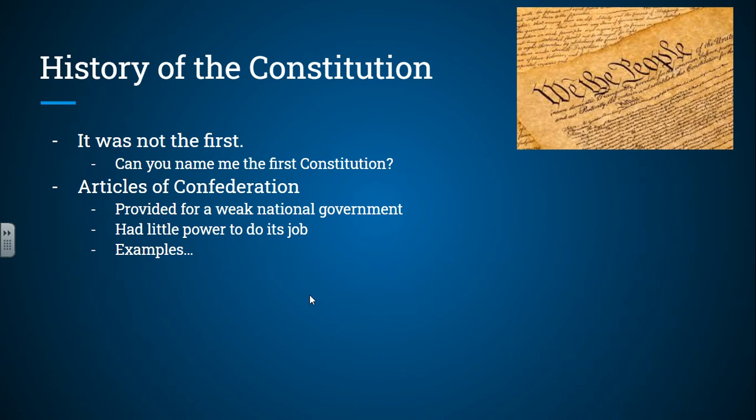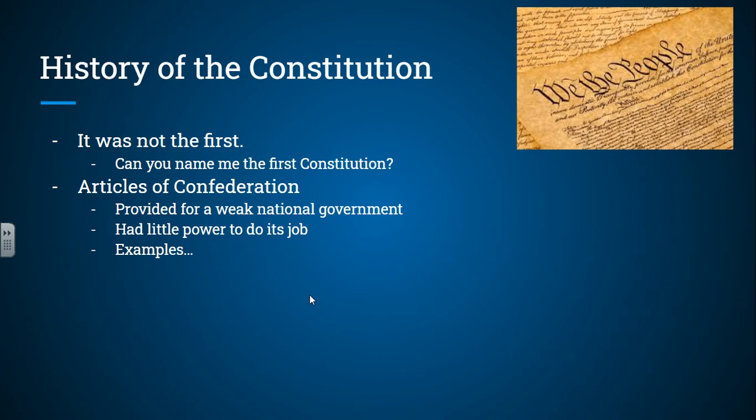First one you could consider here would be that each state only had 1 vote in Congress regardless of its size. So if you think of that, what does that mean today? A state like Wyoming, our least populous state, would have, under the Articles, well, Wyoming wasn't a state at the time, but they would have just as many votes as, let's say, California.